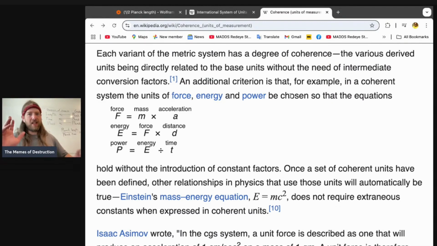All right. Each variant of the metric system has a degree of coherence, the various derived units being directly related to the base units without the need of intermediate conversion factors.